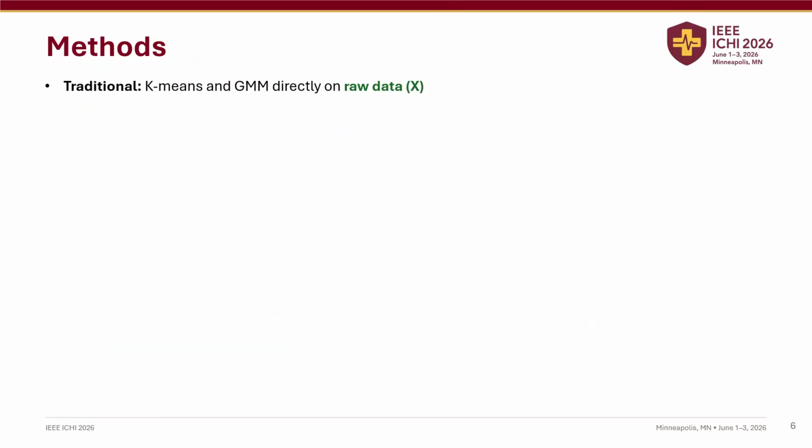In this study, we benchmarked different algorithms across three types. The first one is the traditional method. It has k-means and the GMM. We apply it directly to the raw feature space. Second is the hybrid method. An autoencoder is first trained, and then a traditional clustering method is applied to that latent space.